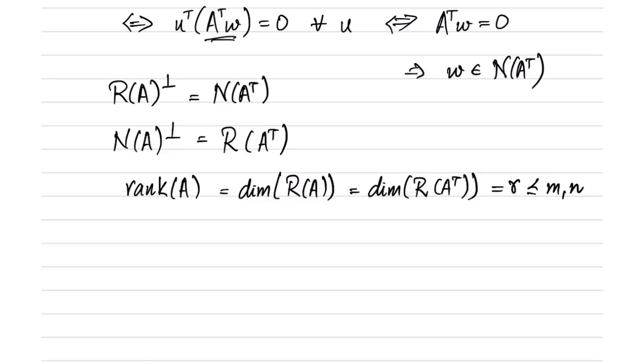Just to summarize, remember that we said that the elements of R(A) are in Rm. So let's say Vi is in Rm. Then how many such elements are there if we want to express them using an orthogonal basis? Let's say V1, V2.